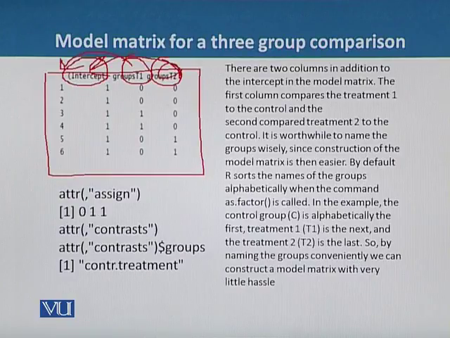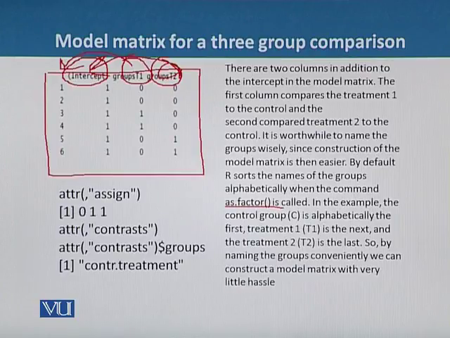So it is worthwhile to name the groups wisely, since construction of the model matrix is then easier. By default, R sorts the names of the groups alphabetically when the command as.factor is called.